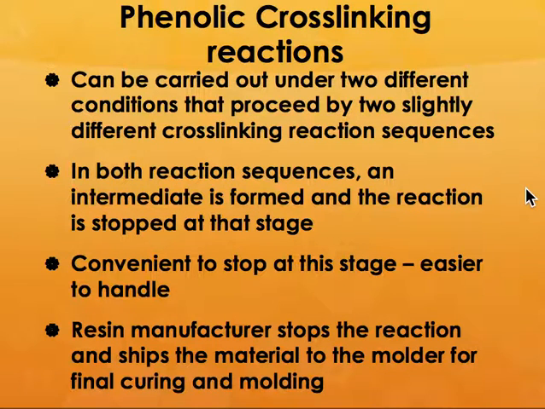We are going to be talking about some of the cross-linking type of reactions that take place in phenolic thermoset resins. And this is going to give you an idea of what kind of byproducts are created, as well as what kind of processing is required in order to get fully dense type of composites.